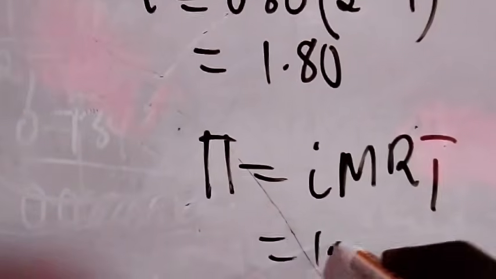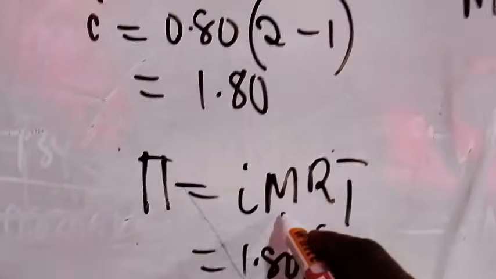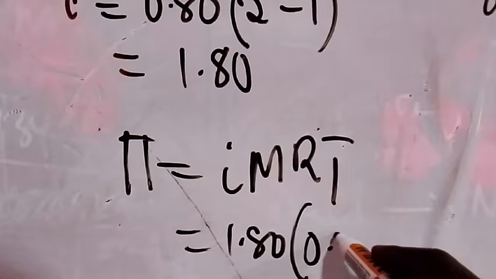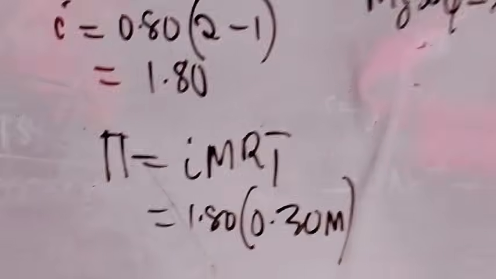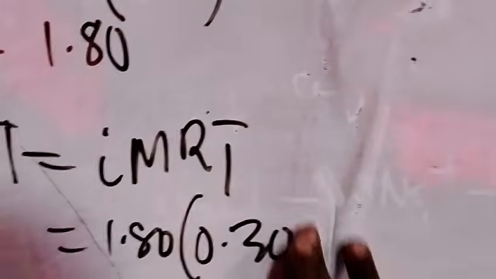Now we do the math. We have 1.80 times M, which is given as 0.30 mol per liter. You use mol per liter so that you cancel the units properly.